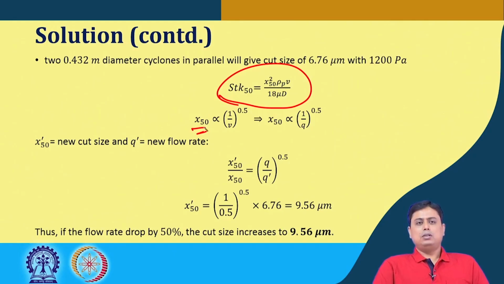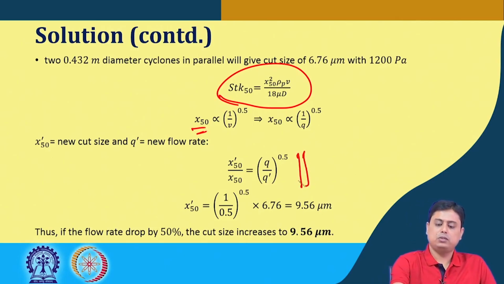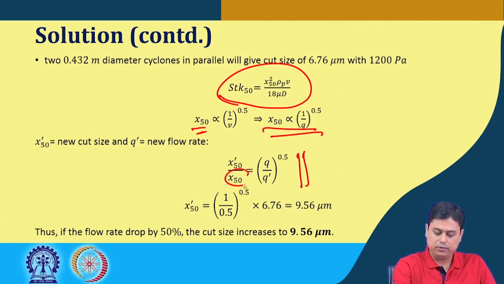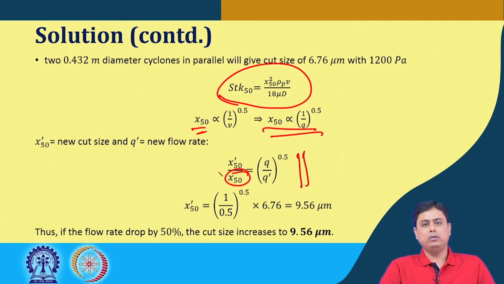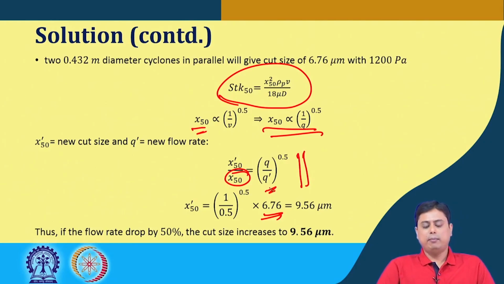Now say x prime 50 is the new cut size and q prime is the new flow rate, then we can write this expression easily based on this proportionality. Here x50 is a known value, which is 6.76, and q by q prime is 1 by 0.5, because q prime is half of q.